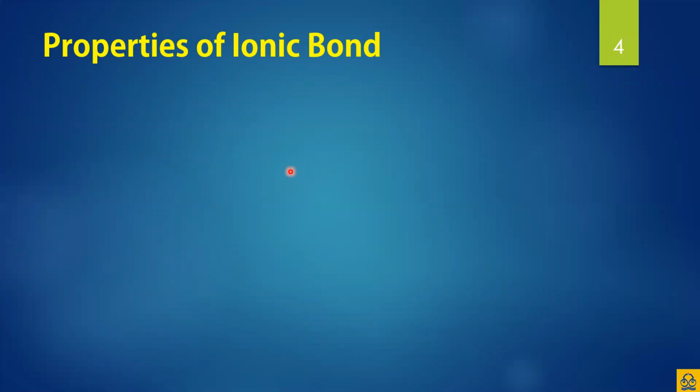Properties of ionic bond. All ionic substances are solid in nature. When we say properties of ionic bond in the title, we are talking about properties of ionic compounds.